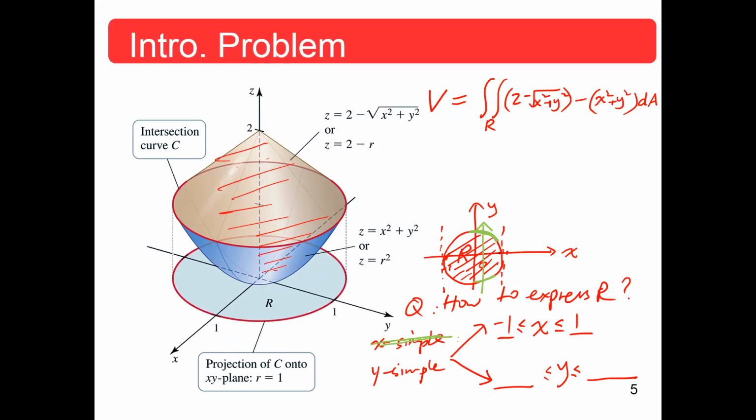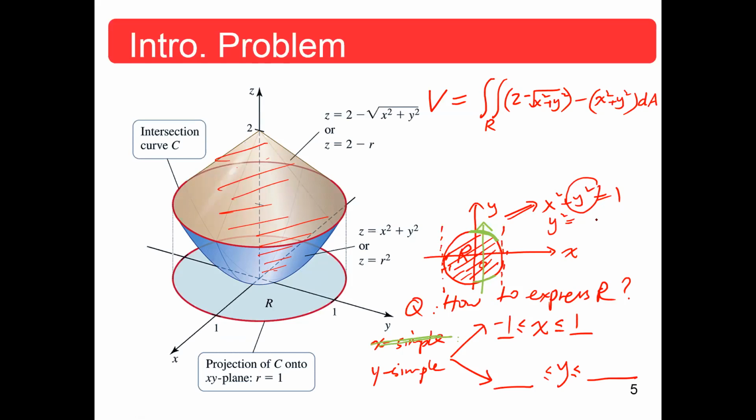Now, because the region R is bounded by the circle, we know the circle's equation would be x squared plus y squared equals 1. Do you guys agree? Okay. So that tells us we can solve for y in terms of x, right?